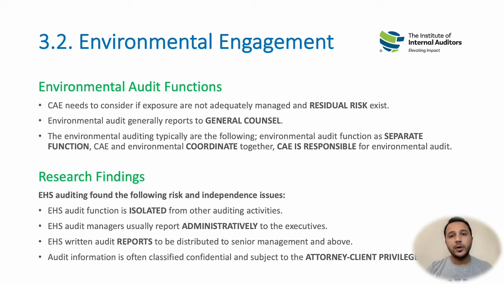The second possibility would be that the CAE, the Chief Audit Executive, and the environmental coordinator in a company can work hand in hand together. The internal auditor can bring their audit expertise, and the environmental coordinator or person in charge of that area could bring area specific expertise, and they carry out reviews together in order to ensure that the risk is being managed properly.